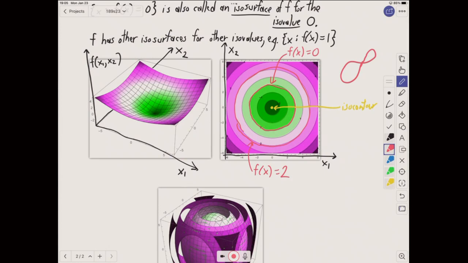We don't focus on the values because we can always take another function. Oh, right. If you're looking at an isosurface with an iso value of 3, you can always define a different function where it has the same isosurface, but with an iso value of 0. Yes, that's easy.